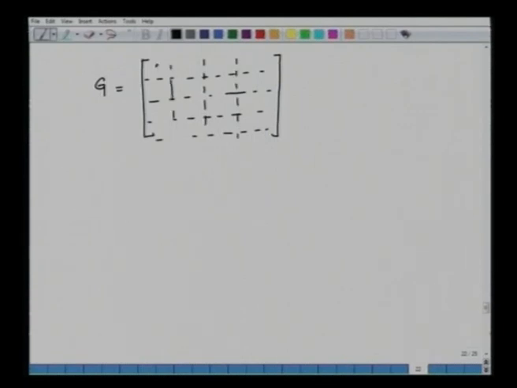There is no speed term in the first row, no speed term in the second row. There is some speed term here, and this is Lm and this is Lr, and this is minus of Lm and this is minus of Lr, and these are all zeros.